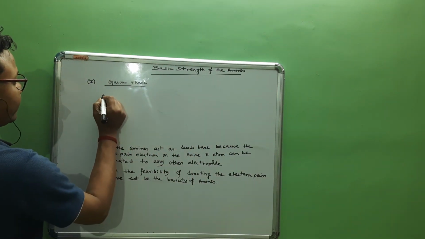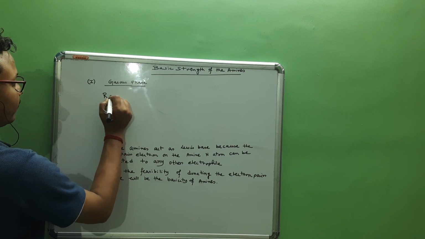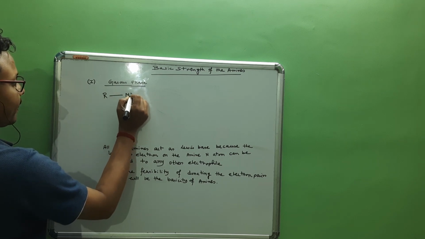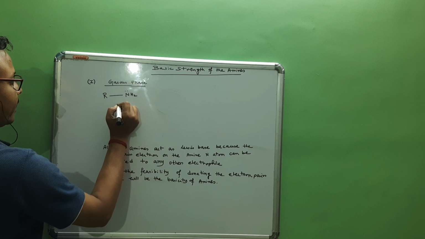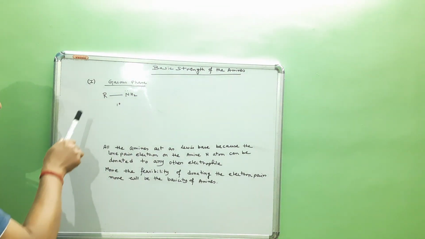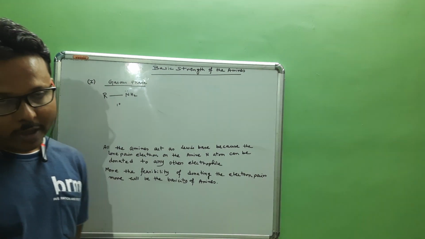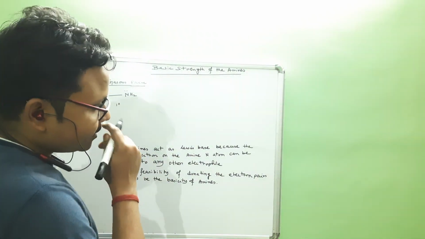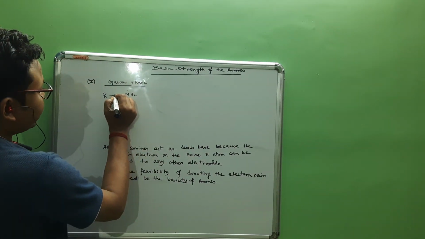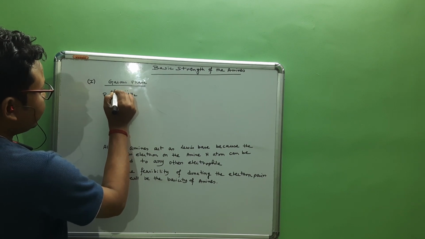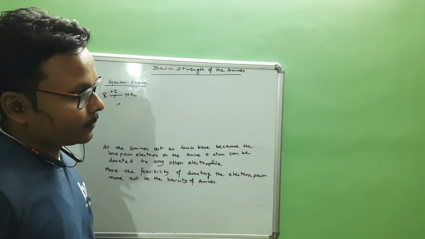So the first degree amine, the amine is attached to one alkyl group, and every alkyl group, as we know, has the plus I inductive effect, that means electron pushing inductive effect.